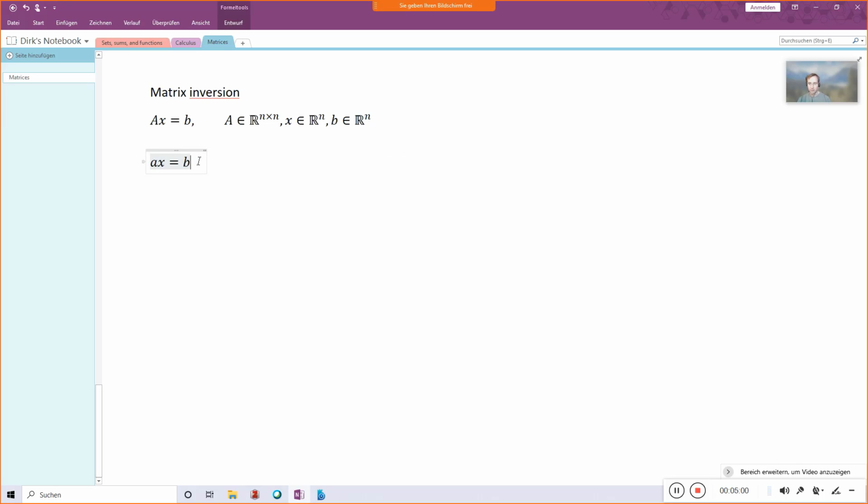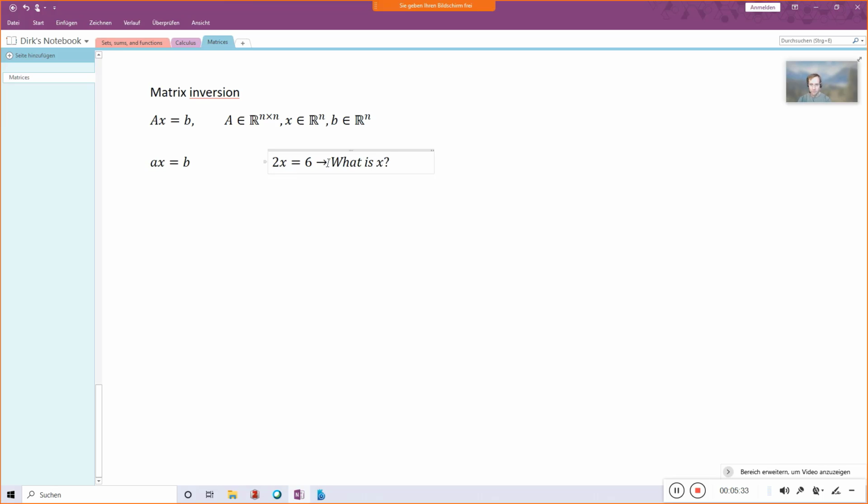For example, let's say, as an example, 2x equals 6. And the question was always, what is x? So this is typical high school algebra that you did for some time.